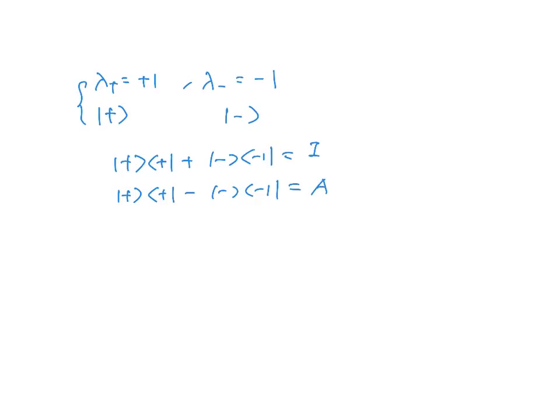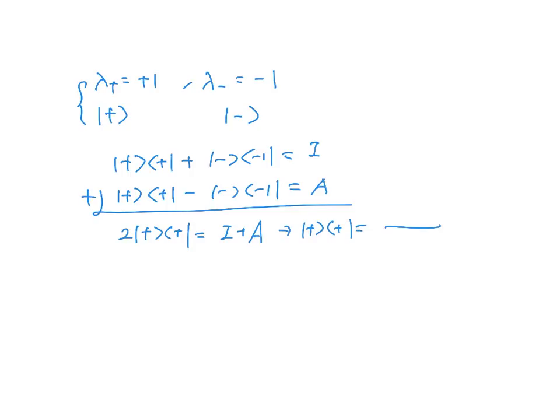So the rest is easy. You just add them together, so twice |+><+| is I plus A, or |+><+| is (I plus A) over 2.